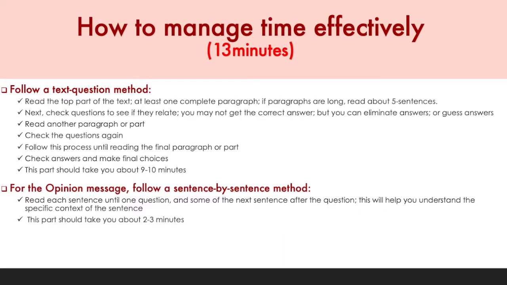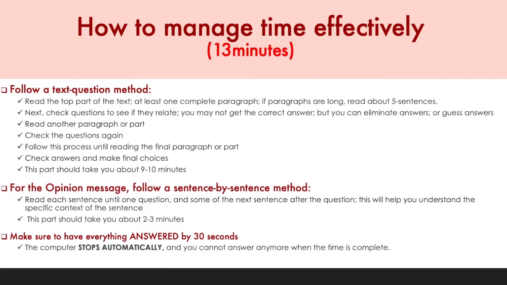This part should take you about 2 to 3 minutes. Make sure to have everything answered by 30 seconds remaining. The computer stops automatically and you cannot answer anymore when the time is complete.